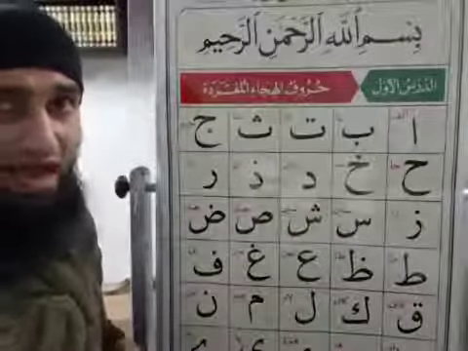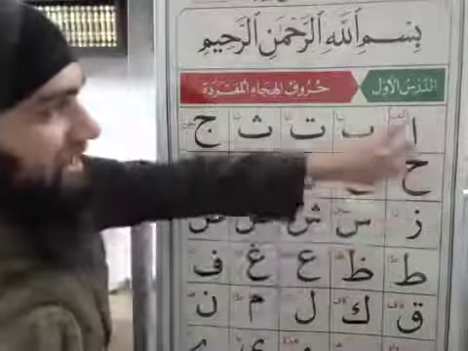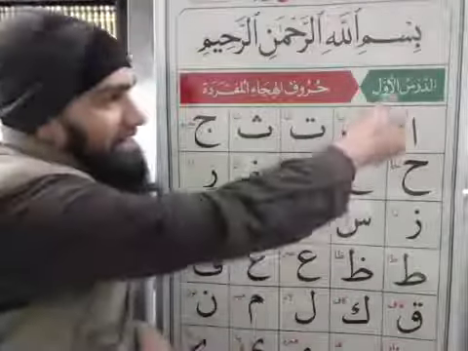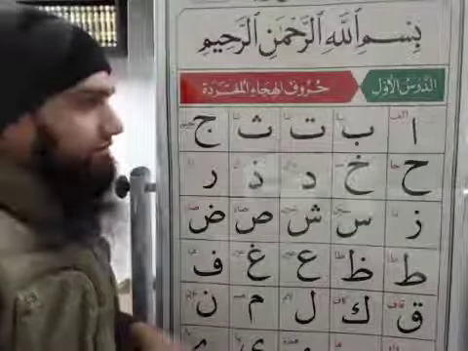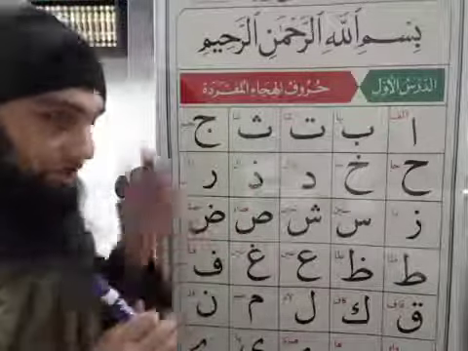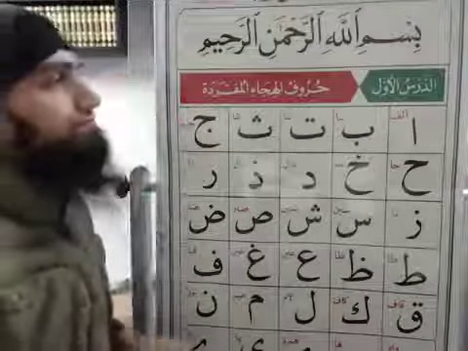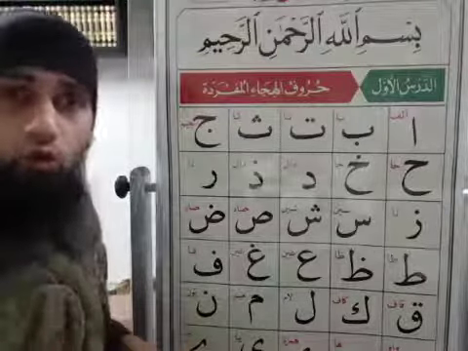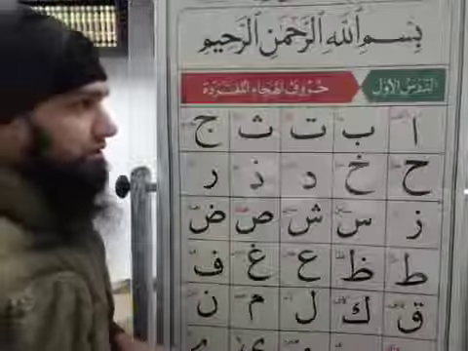Number 1, we have the first letter, alif. In red you have the name of the letter, and in black, these are the actual shapes of the letters. We'll begin and you just follow, inshallah.